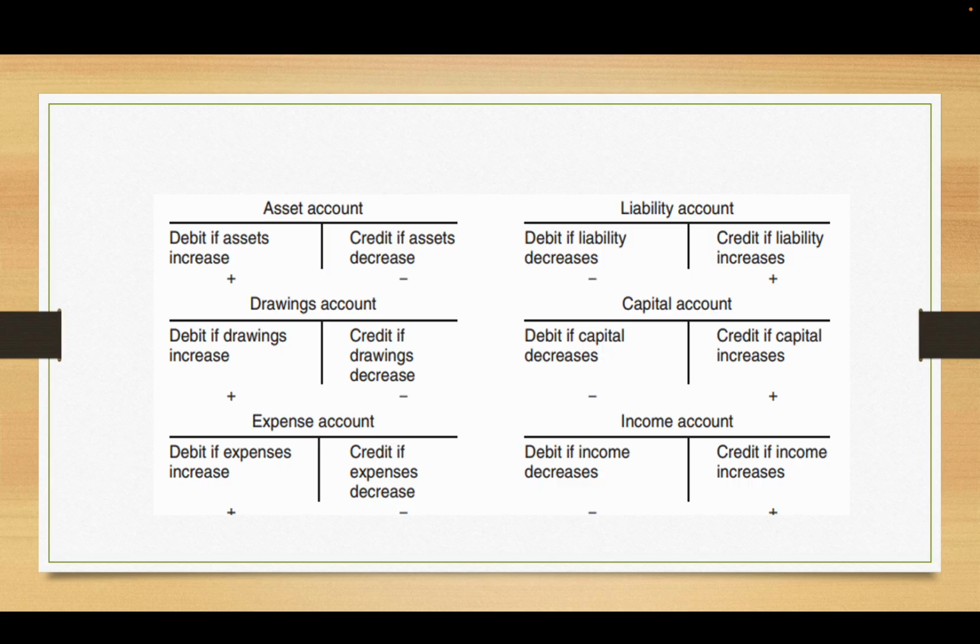Left side would be debit, right side would be credit for assets. For liabilities, left side would be debit, right side would be credit. I'm sure you guys are confused when you see the plus minus, minus plus, plus minus, minus plus. But don't worry, I'll explain further.